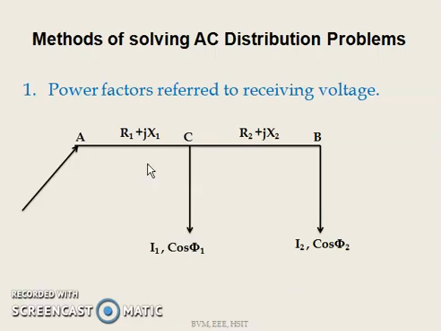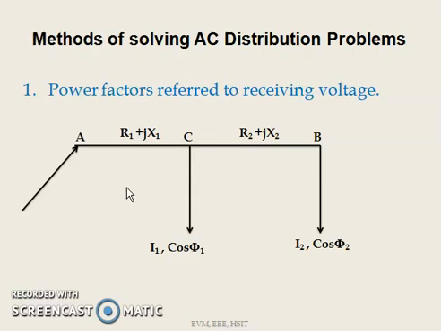The impedance of section AC is R1 plus jX1, and the impedance of section CB is R2 plus jX2. This is what you have to remember, and in the next slide I will explain everything, so better you redraw this for ready reference.